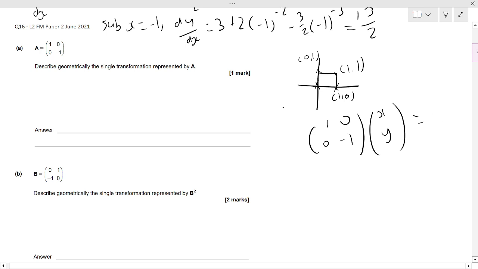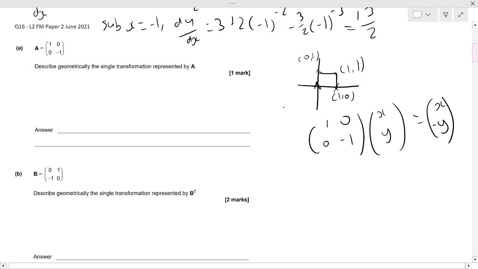Let's work this multiplication out. That's going to be 1 times x, which is x, add 0 times y, which is 0. And then 0 times x and minus 1 times y will be minus y. That's telling you, if you have a point x, y, we want to keep the same x coordinate, but make y negative. Okay, if that makes any sense.